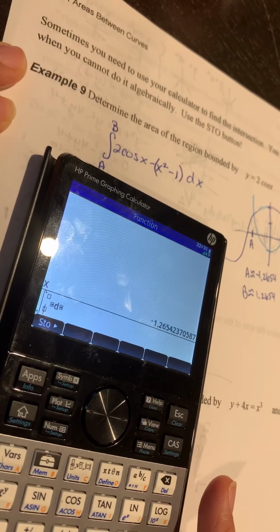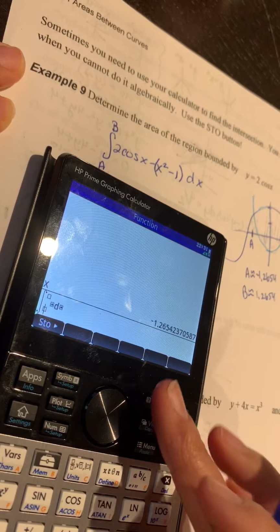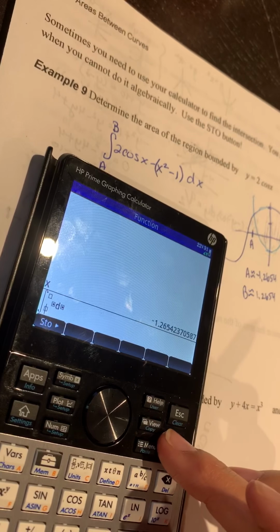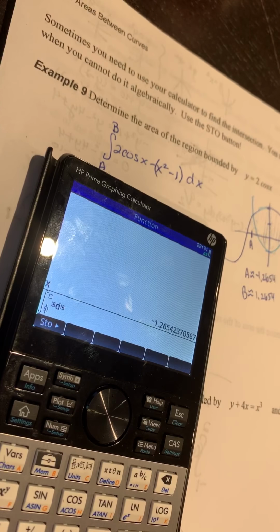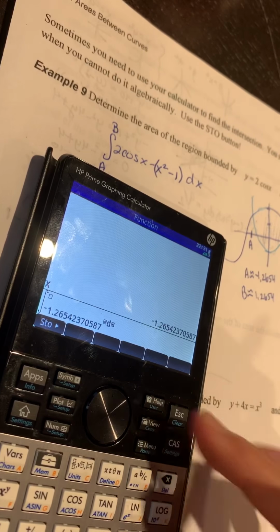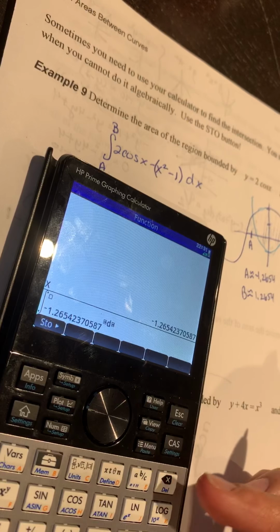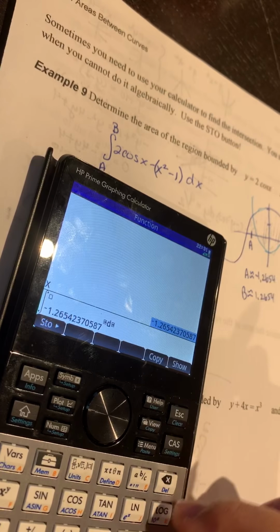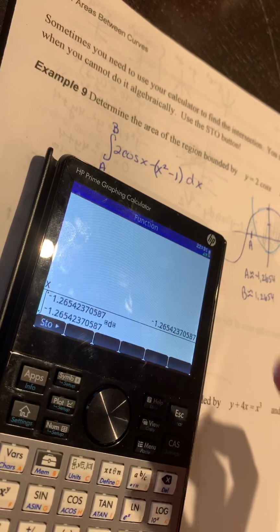and it's that value over there, but let's say I didn't have that yet. I would go to second paste, enter. I forgot to store the top one, but I know it's the same thing. Enter, but without the negative.